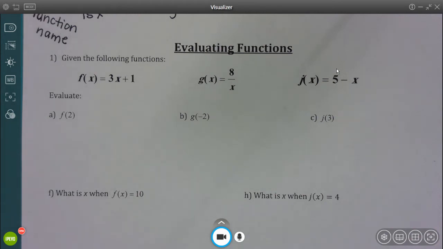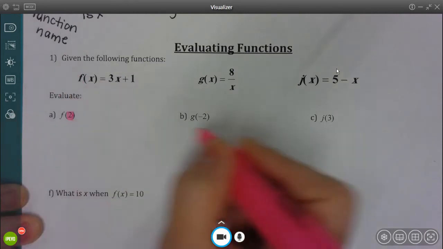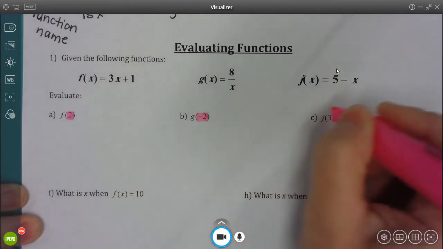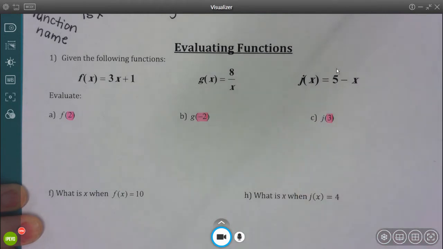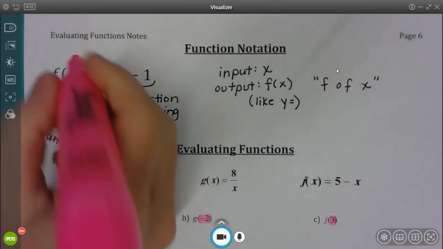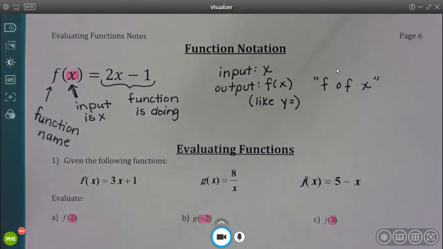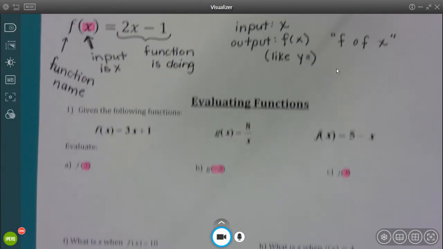So I'm going to use pink for input and blue for output. If the number is inside of the parentheses, they've given us the input.